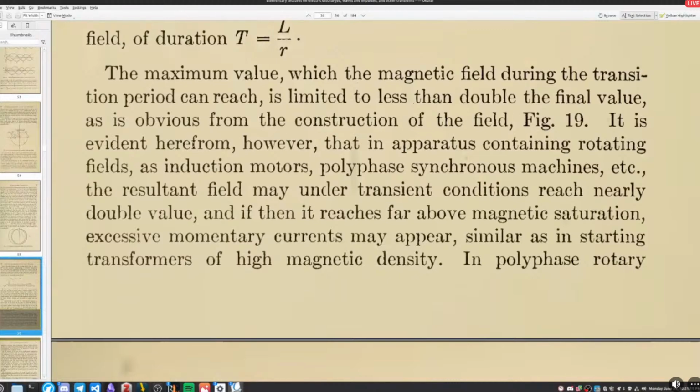It is evident herefrom, however, that in apparatus containing the rotating field, as induction motors, polyphase synchronous machines, etc., the resultant field may, under transient conditions, reach nearly double the value, and then reach far above the magnetic saturation.